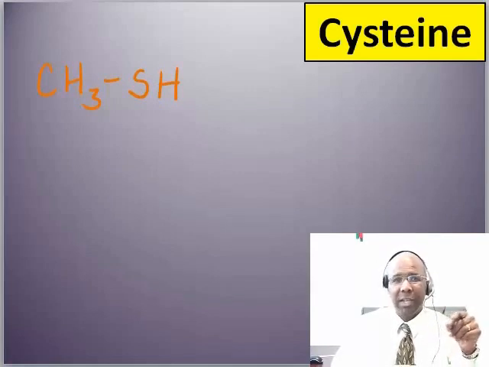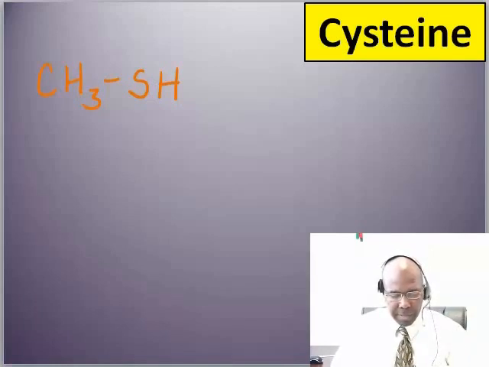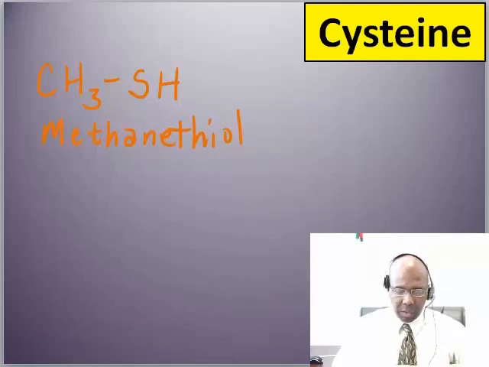But when you replace an OH with an SH, you change it from an alcohol to a thiol. So the name of this compound is methane thiol. And that's our parent compound.